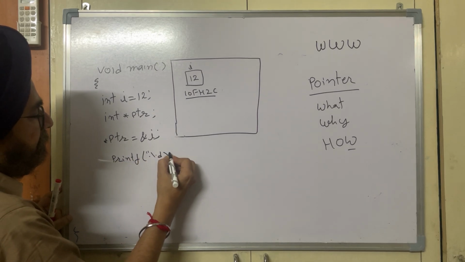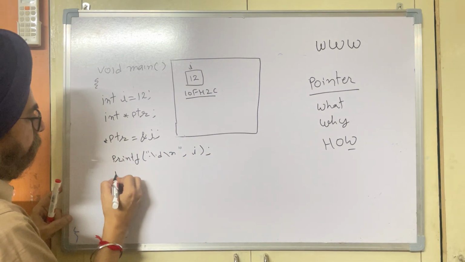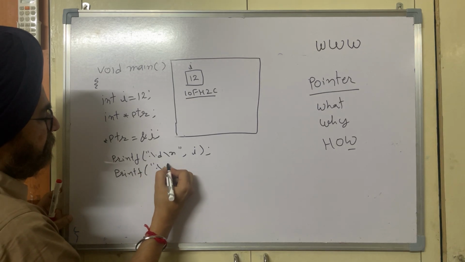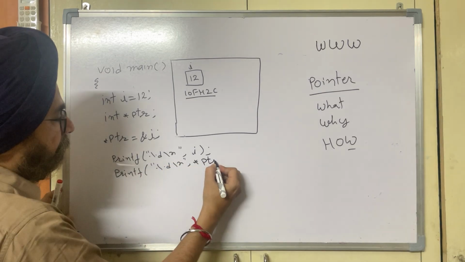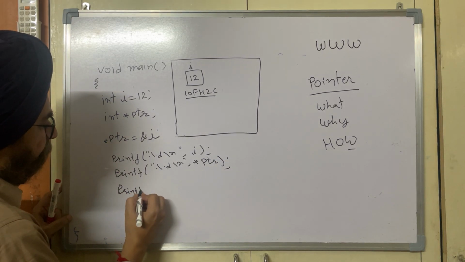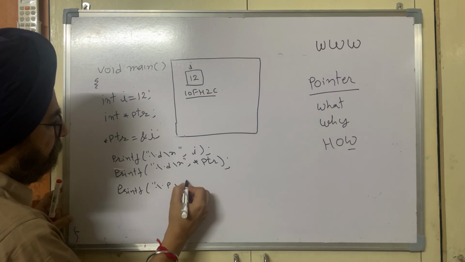%d \n I, or printf %d \n asterisk ptr, printf with %p for address.